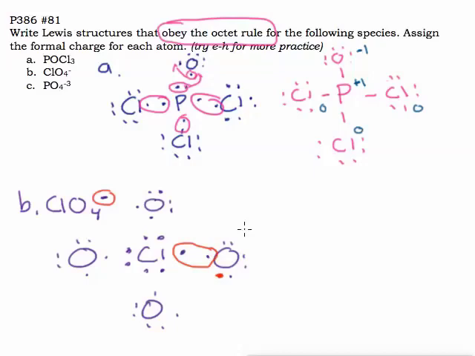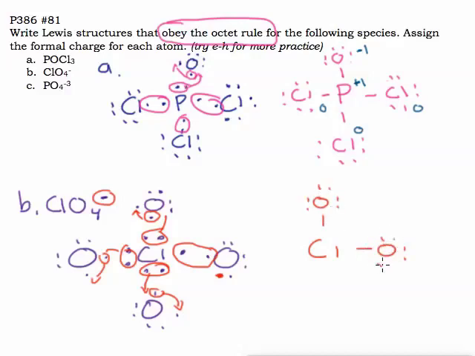In order to make these oxygen atoms obey the octet rule, as well as the chlorine, we're going to shift that over and share our previously unshared pair for all of them. We end up with a chlorine single bonded to 4 oxygen atoms. And our compound has a charge of negative 1.